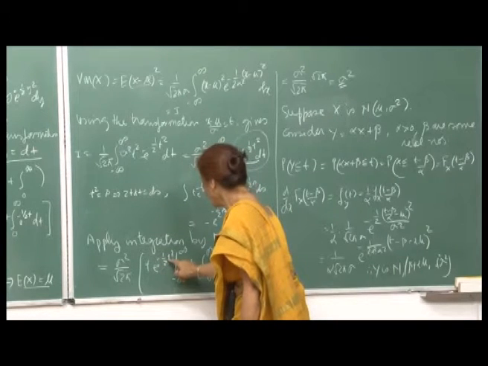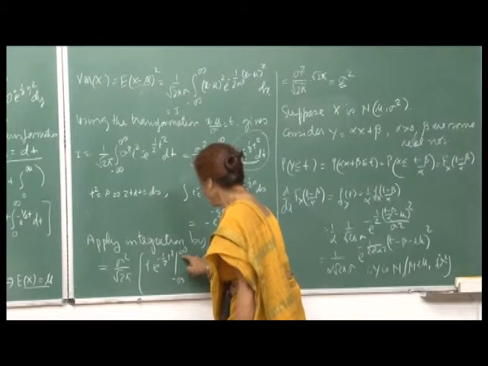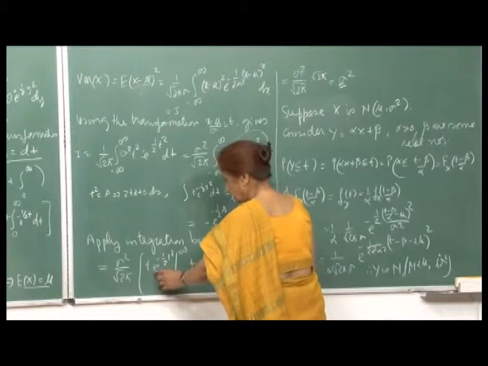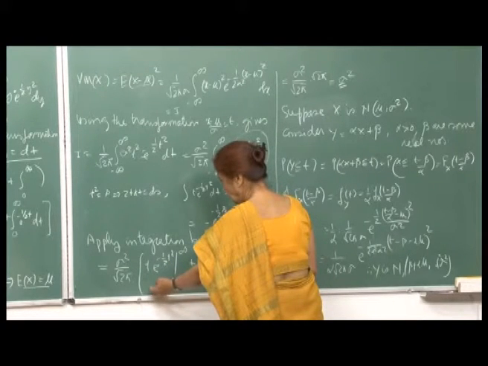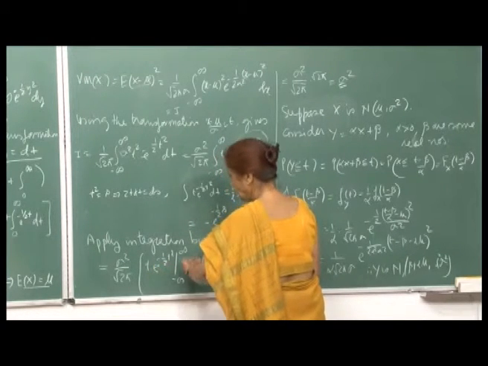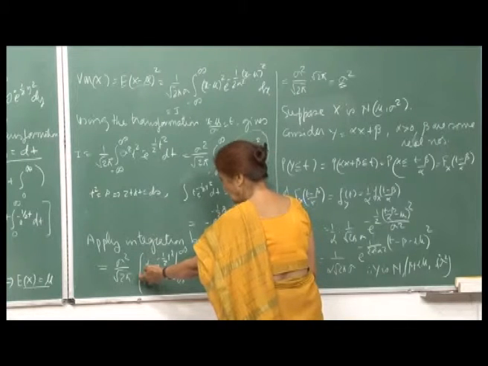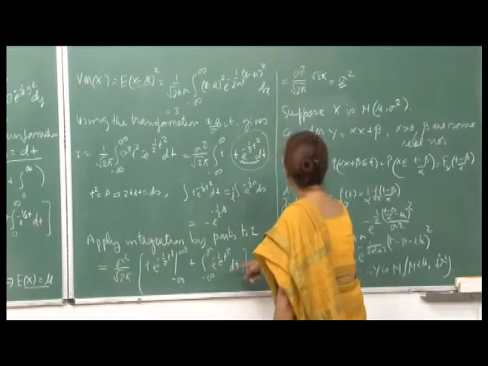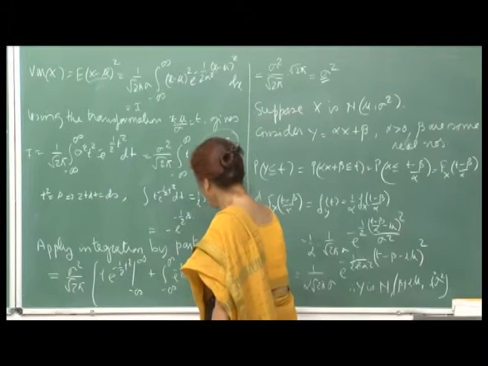So, then t into e raised to minus half t square from minus infinity to infinity, you can see that this is 0, right, because e raised to t square over 2 in the denominator is much larger than t in the numerator. So, therefore, this will be 0, you will be left with this.